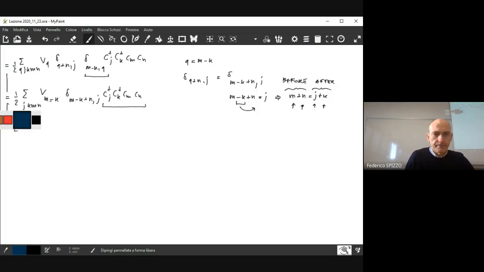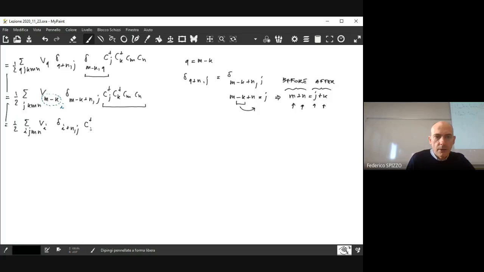Okay, now if we go back to this expression, we may try to make some modifications. If we define m minus k as I, and we keep I as an index of summation in place of k, the summation is over I, j, m, and n. So we have v of I, then we have this delta, m minus k is I, plus n j.